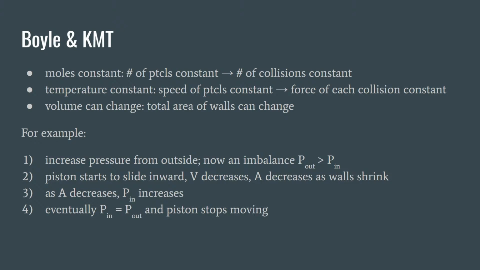So as area decreases, the pressure inside the cylinder is increasing because you're dividing by a smaller number. Eventually, the pressure inside once again equals the pressure outside, and the piston stops moving. So that is just a very direct physical explanation for Boyle's law. As you change the thing, you get an imbalance, and then the system shifts until balance is restored.